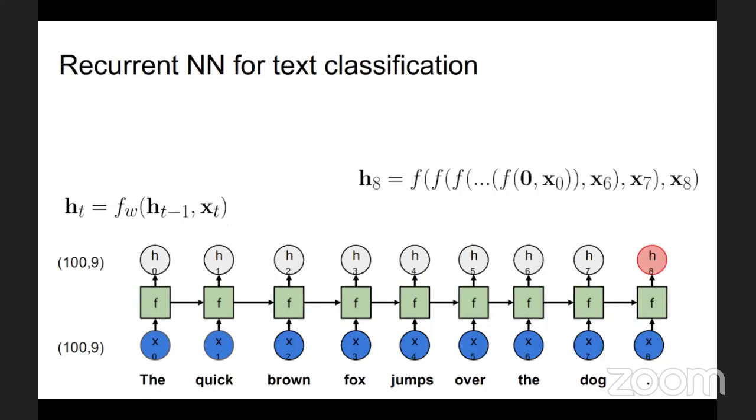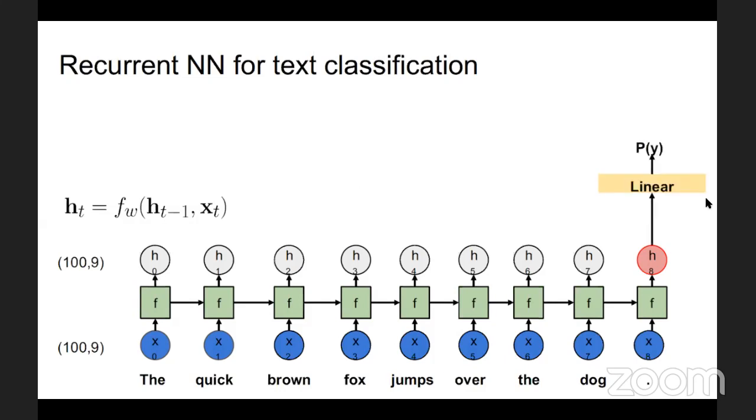Now see, if it is just a sentiment classification problem, so what is h8? It is nothing but you are starting with the 0 token, you are applying the same function over it, and whatever you got, you are again considering the current token, applying the same function over it. So you can see nice nested function processing on the slide here. Point is that whatever representation you get in the end, it will capture the whole context of the sentence.